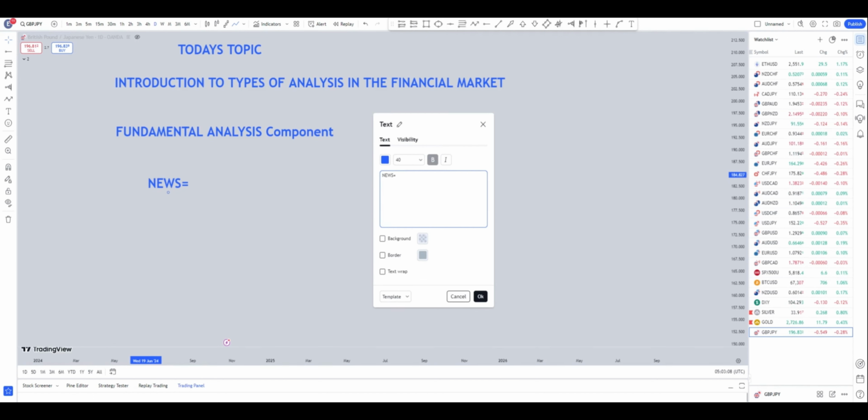News is a very critical aspect of fundamental analysis. These are just examples. We also have other issues like recession, interest rates, and other fundamental issues. So this just talks about the fundamental atmosphere of a nation's currency.